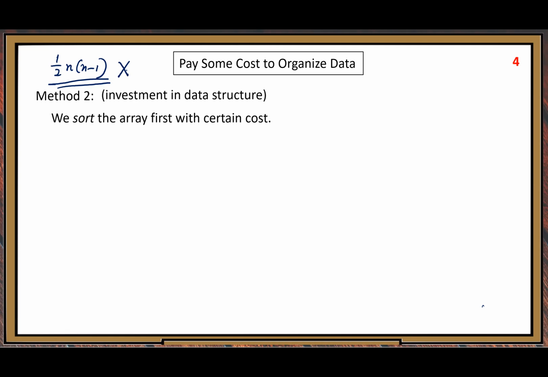But when we sort this given array, we would like to use a better sorting algorithm. We haven't learned it at this point, but we can imagine there is some better sorting algorithm available, so we can apply it. Here I just give you the result directly, and we will learn it later.